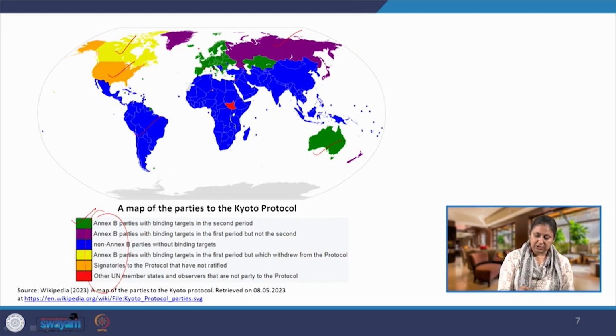These countries which are less developed or are developing countries, they are party to the Kyoto Protocol, but they do not have binding targets. So, they are non-binding target parties, and I think there are very few which are not party or they have not ratified the protocol so far.